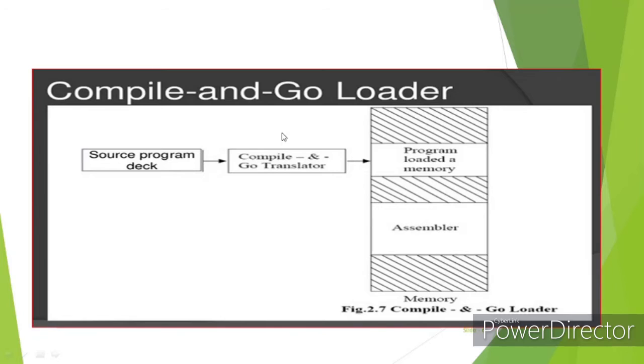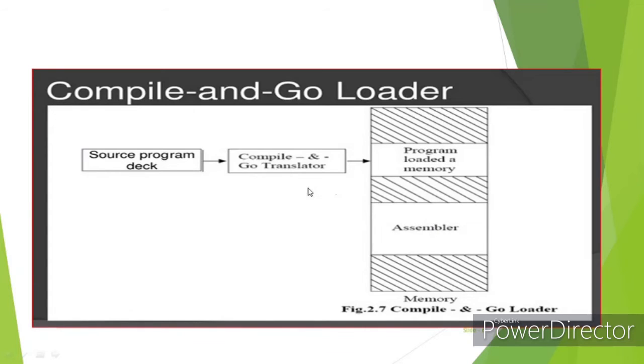Now we will see the first one, the compile and go loader. In this figure, the source program deck goes to the compile and go translator, which is actually the loader, and this loader directly sends the program, loaded into the memory. This is the assembler. So this program is actually placed in the main memory.